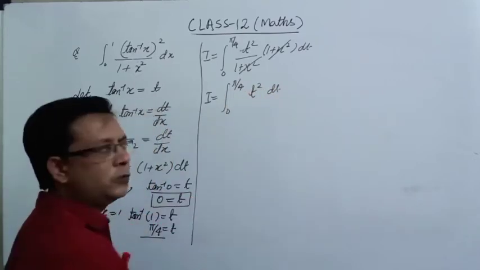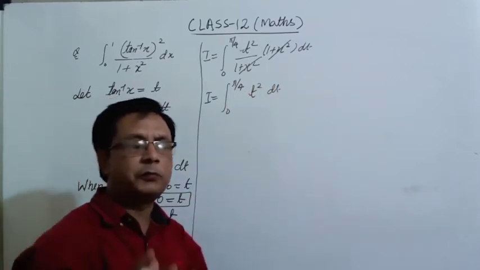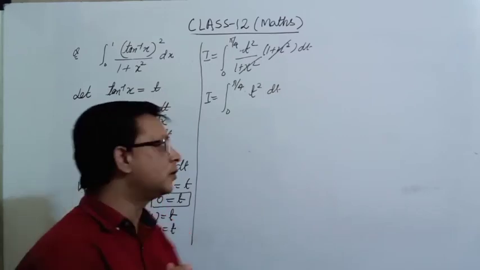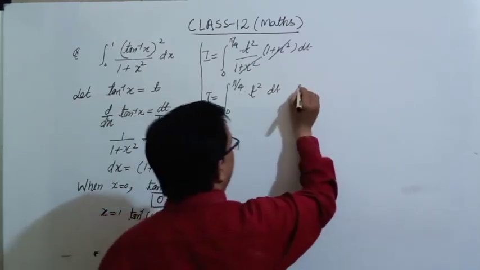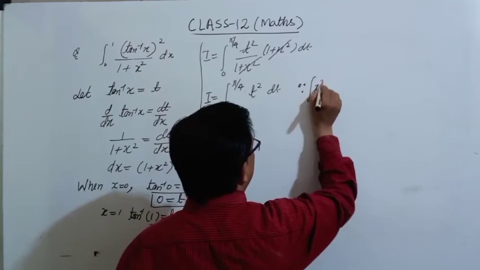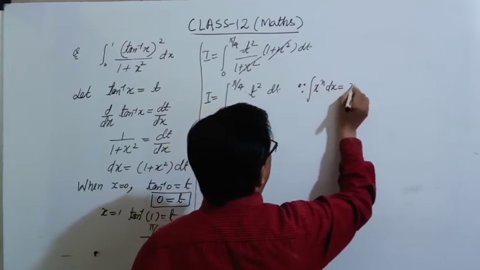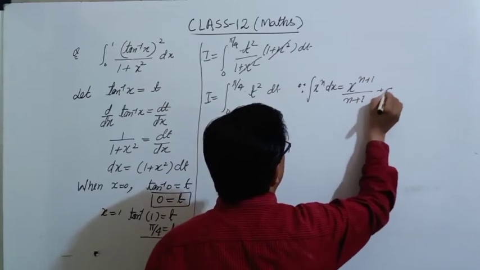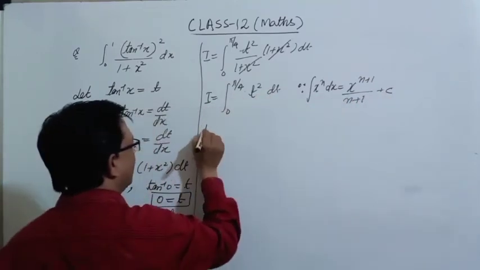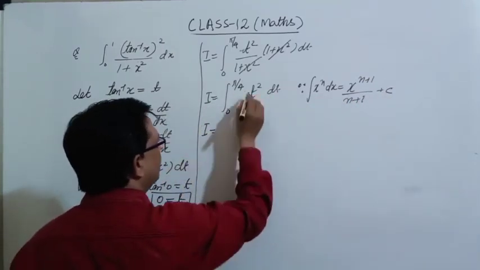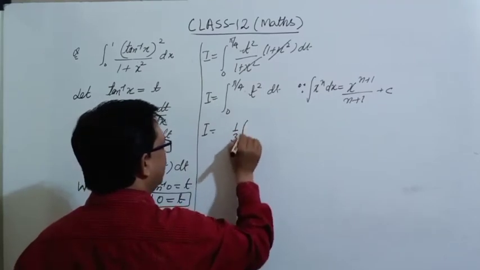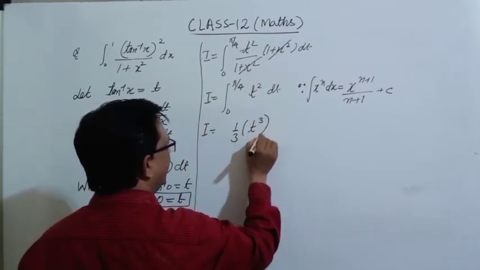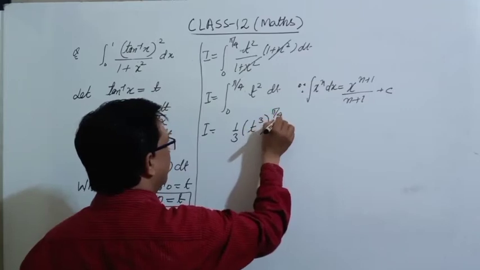Every student knows that the integration of t square is t cube by 3. So here we write the formula: integration of x to the power n dx is equal to x to the power n plus 1 upon n plus 1, plus c. Applying this formula here, we get 1 by 3 t cube, and the limit is 0 to pi by 4.